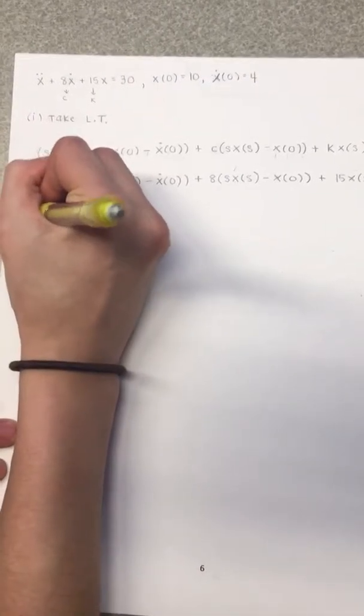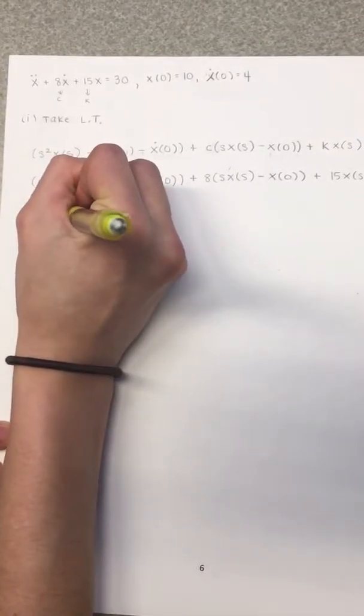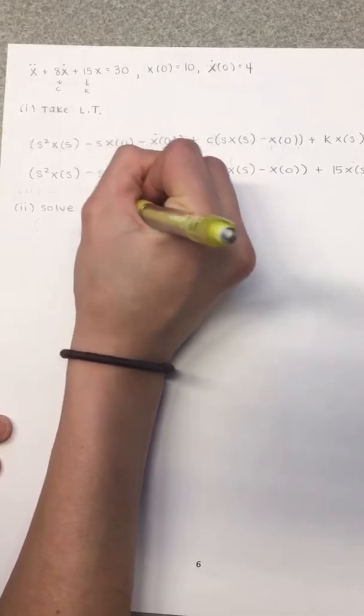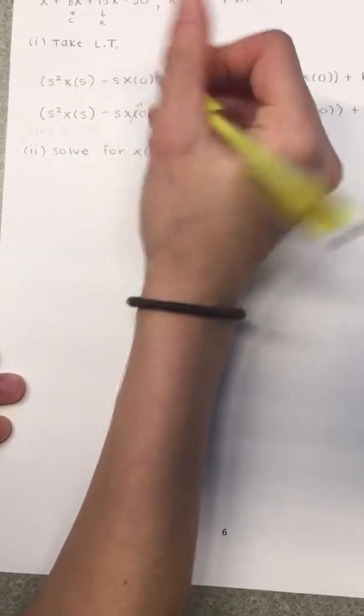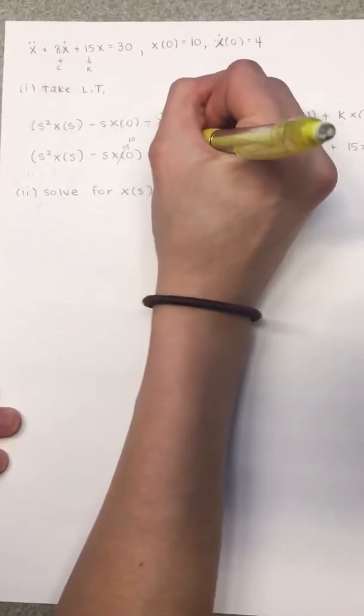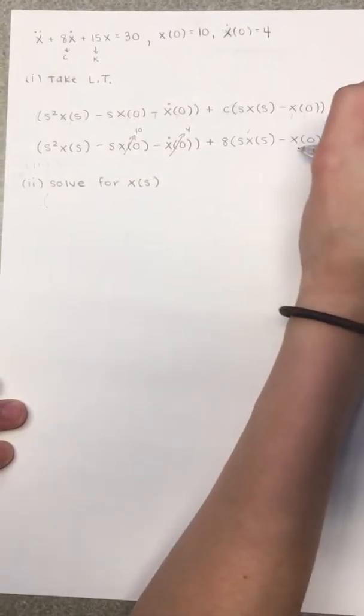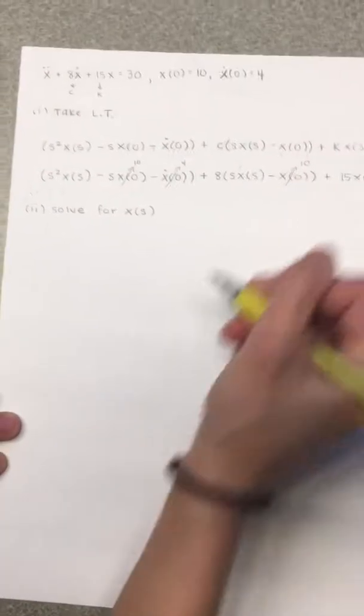So the next step is going to be solving for X(s). Here we're going to look at x(0) is 10 according to our initial condition, x dot of 0 is 4, and then x(0) over here is also 10.